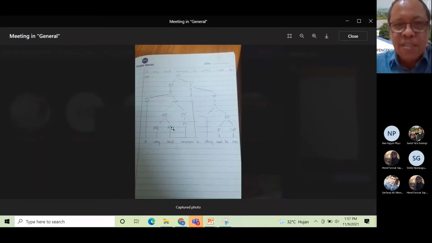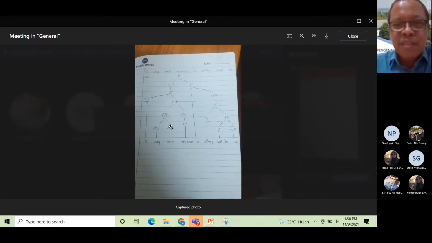Then on the right side is A bar, and then go to A. So the adjective phrase goes to A bar first, and the A bar branches into two parts: the adverbial phrase, and then the right side is A bar again. Why? Because the adverbial phrase here is the adjunct of "kind."